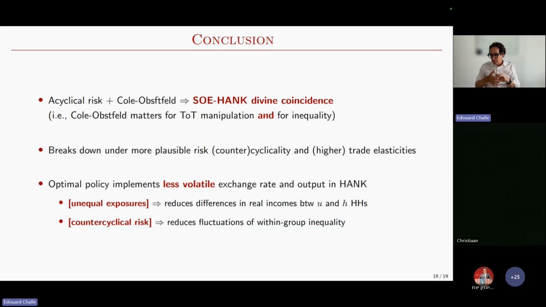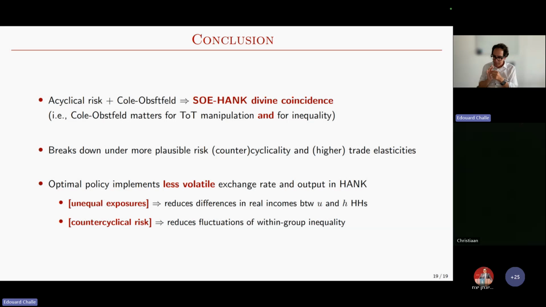If you move away from those conditions and towards more realistic assumptions for the trade elasticities and the cyclicality of risk, then you see that the small open economy wants to stabilize the exchange rate, potentially at the cost of the domestic objective. So it is willing to let inflation go, or deflation, in order to get more exchange rate stabilization.